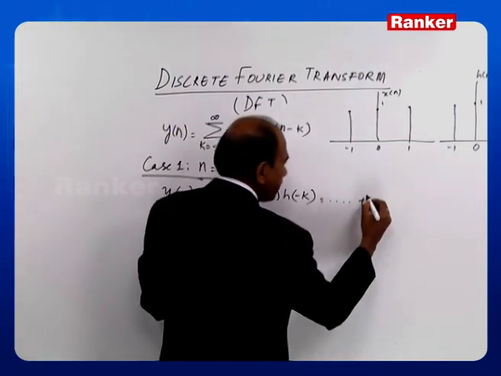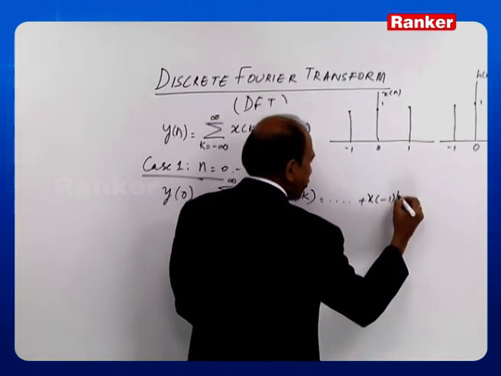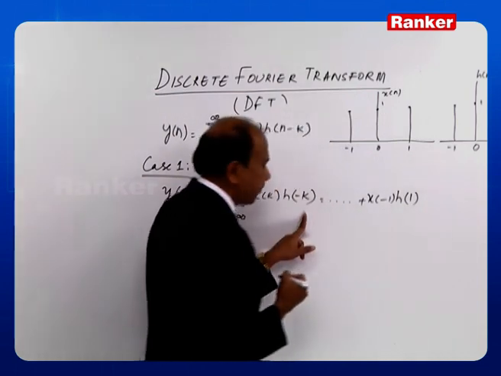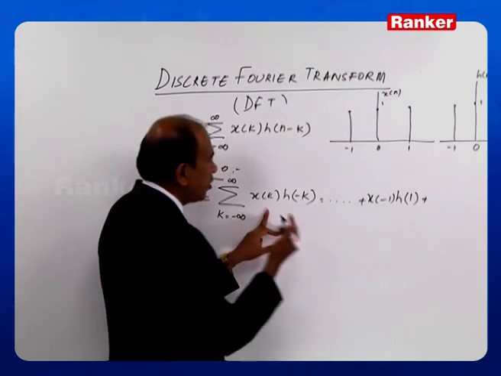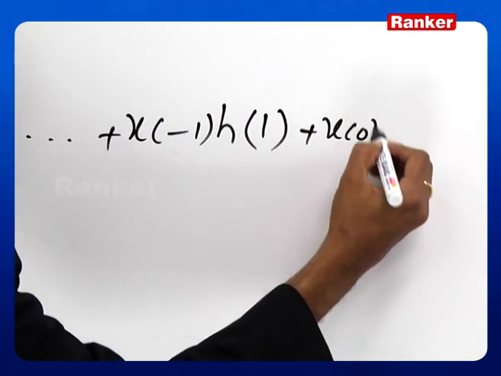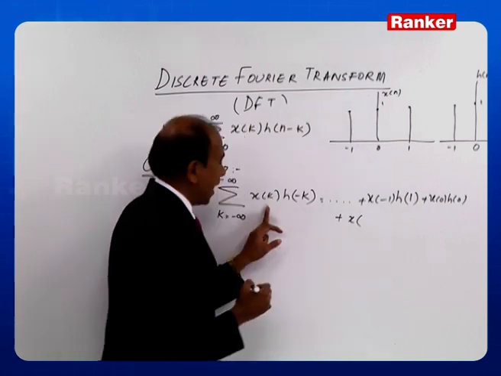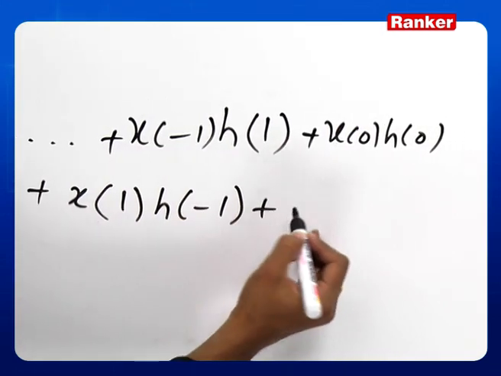This will be equal to x of minus 1, h of 1, since h of minus k with k equal to minus 1 is h of 1. Plus, then we move to 0, x of 0, h of 0, plus x of 1, h of minus 1, plus so on.